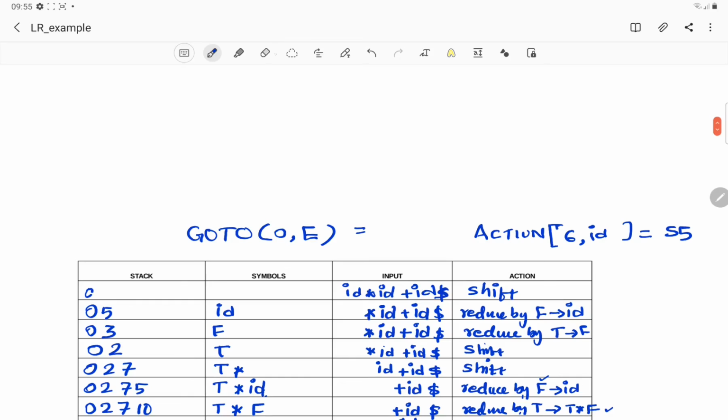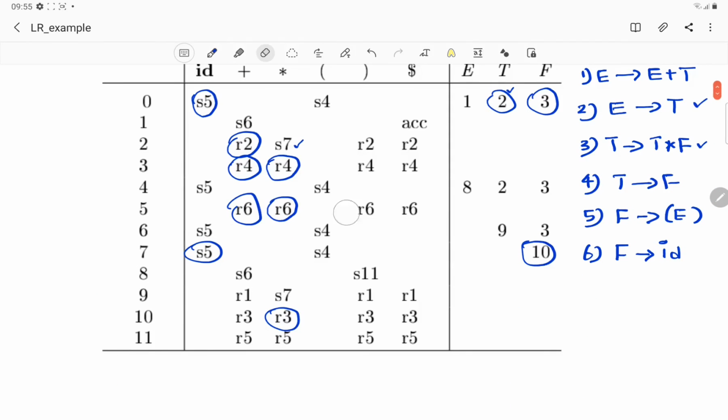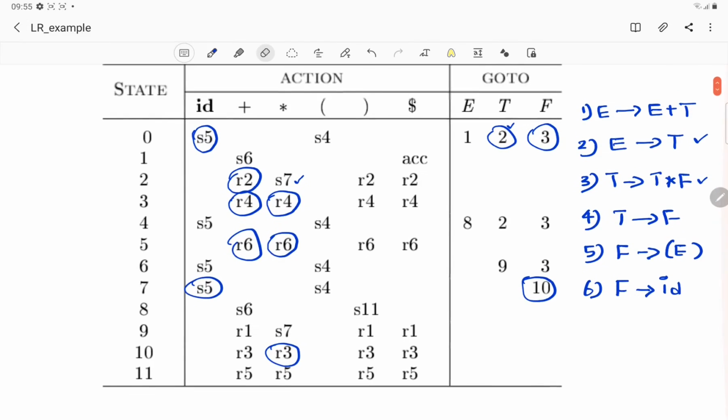So action of 5 comma dollar. What will be the value? The value is R6.